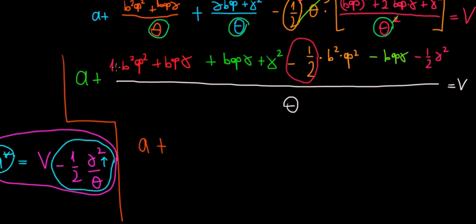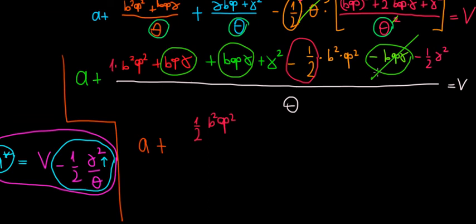So 1 minus a half gives us only a half. We have a half b squared theta squared. Now, what else can we group? We have b theta gamma over here plus another b theta gamma minus b theta gamma. So this one and this one go away, and we're left only with plus b times theta times gamma.